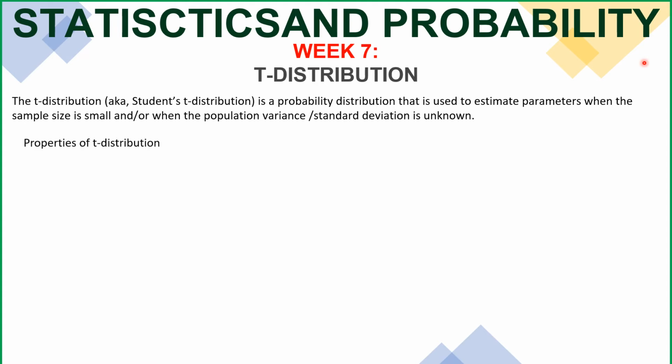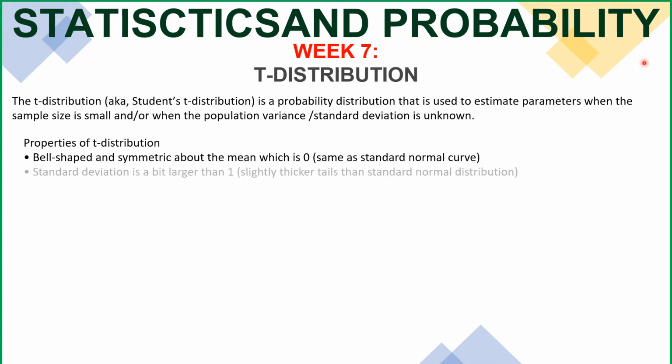So, there are properties of T distribution. First one is the bell-shaped and symmetric about the mean, which is 0. So, same lang nung standard normal curve natin, na bell-shaped din and symmetric din. Second is the standard deviation is a bit larger than 1.